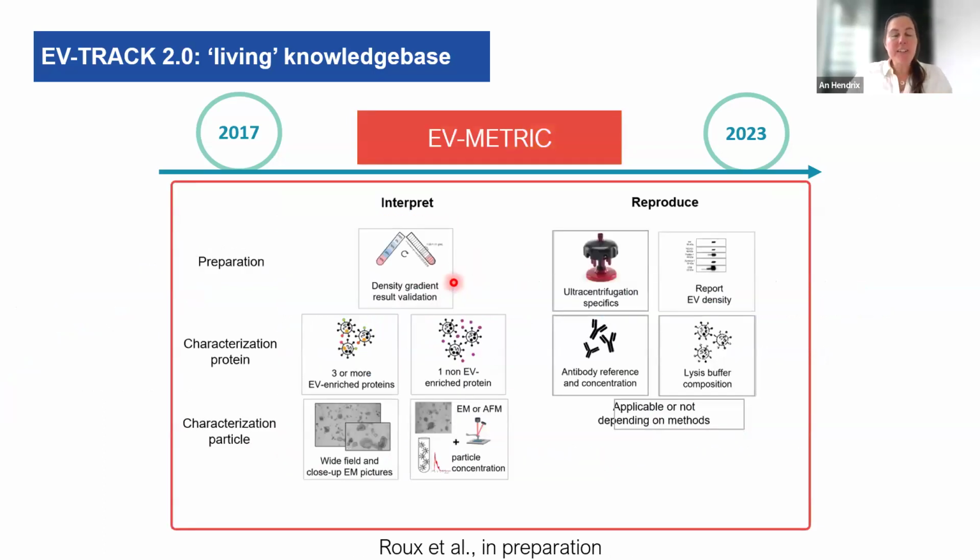And then a final advancement that we are making is to reassess the composition of the EV metric. So initially it consisted of 9 components, where 5 out of 9 components refer to the interpretation of data and 4 to the reproducibility of data.